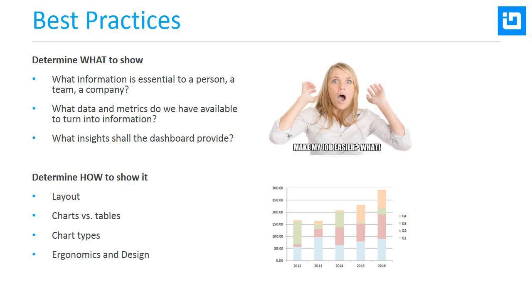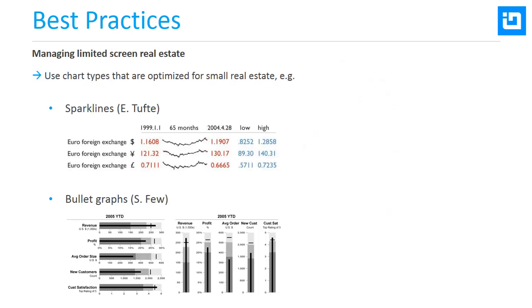And then we talk about things like the layout, and do we do things in charts or tables or both? Then we talk about what chart types are more appropriate than others for the data that I have. And obviously considering ergonomics and design. There's so much we could show on a dashboard, but we don't want to clutter the screen.